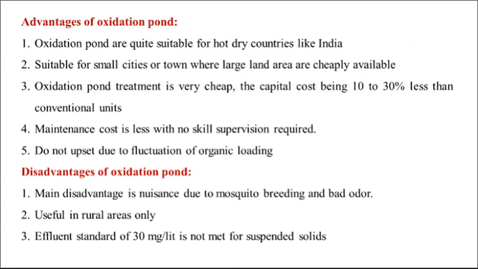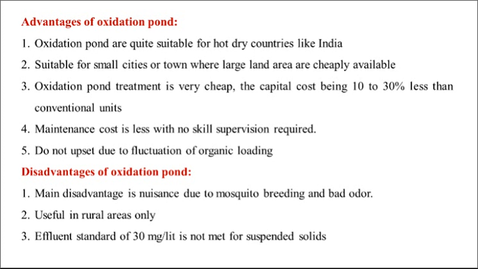Advantages and disadvantages of oxidation pond. First, oxidation ponds are quite suitable for hot, dry countries, or tropical countries like India, because in India the area available is much more. Second advantage, suitable for small cities or towns where large land area is available at reasonable cost.